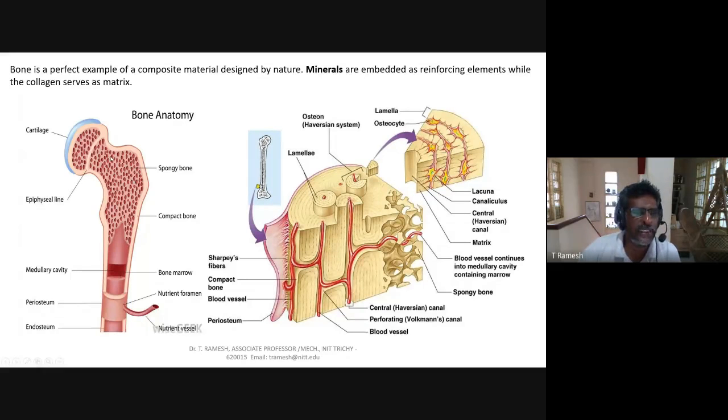Here are examples of how spongy bones look. When you cut a human bone, you don't see a solid inside. Inside you will have spongy bone. These spongy bones are a porous structure, which permits tissues to grow inside. This is a cartilage which connects the cap with the bone, the hip bone.